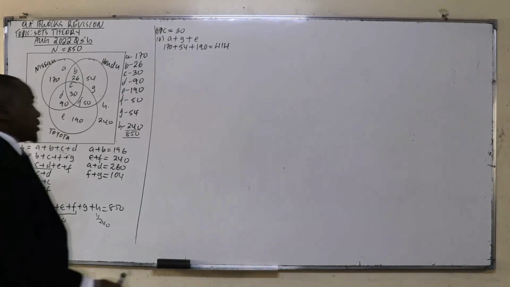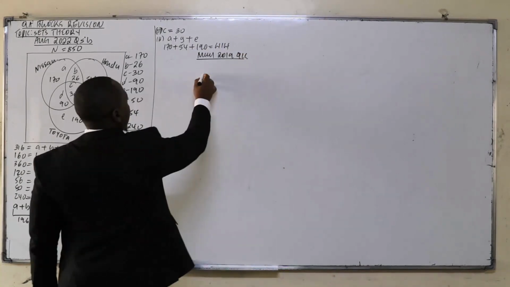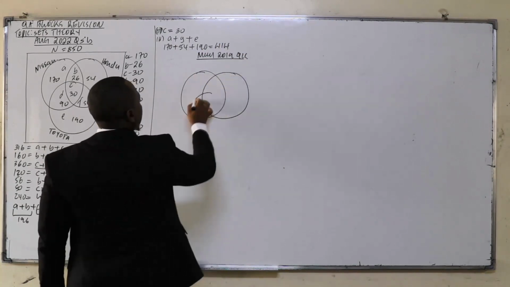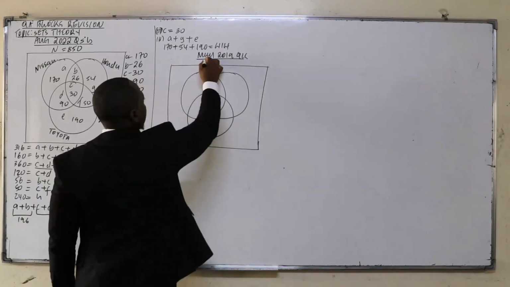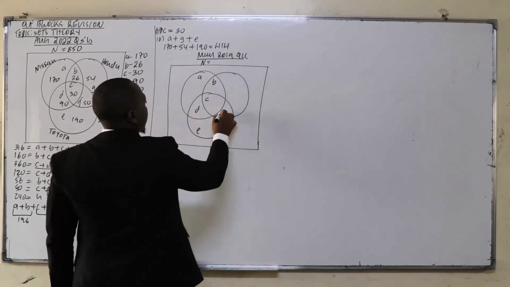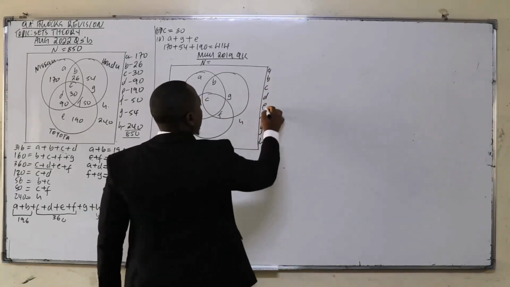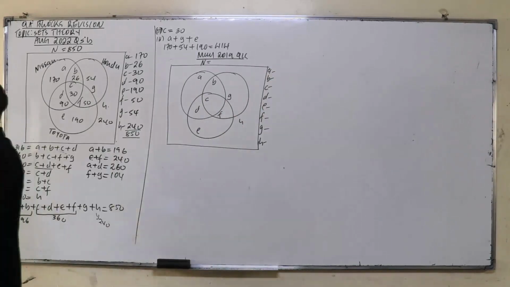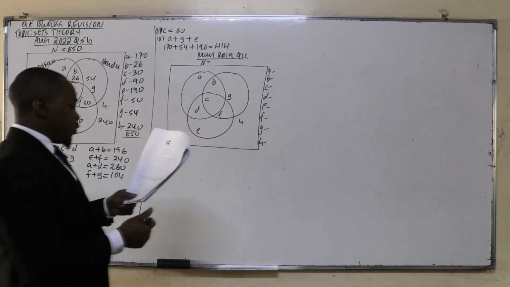May 2019, question 1. A medium-size commercial bank has a clientele of 200 active customers.